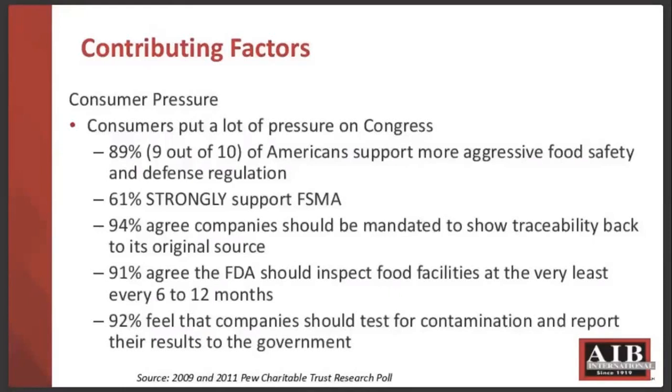91% agree that the FDA should inspect food facilities at least every 6 to 12 months. Could you imagine the government showing up to your food factory every 6 to 12 months? You already probably get a ton of inspections and audits, and now the government's going to start coming in that often. It would be a perfect world, but it can't happen.